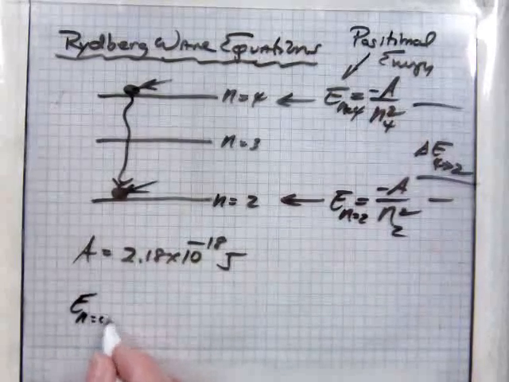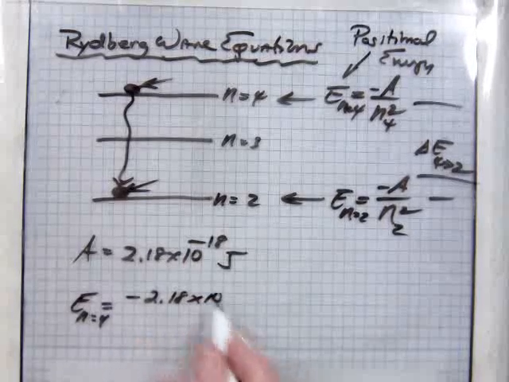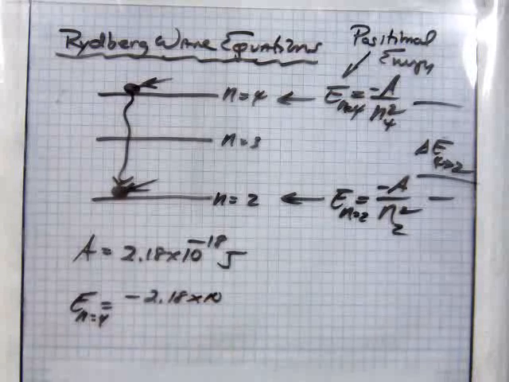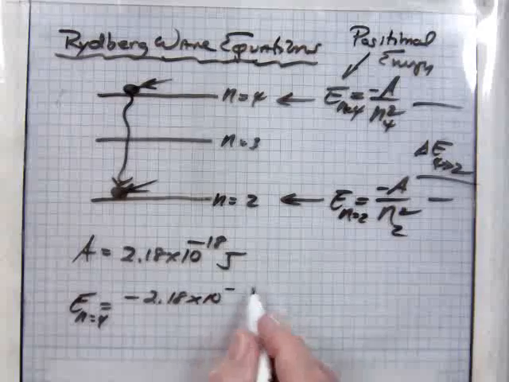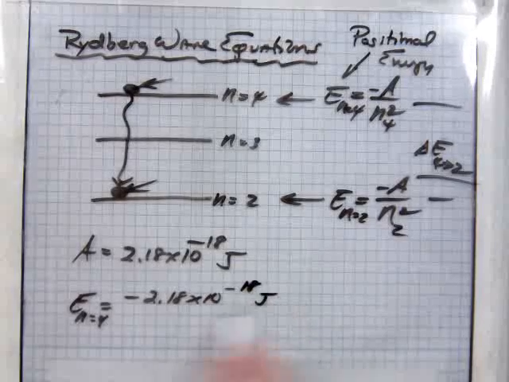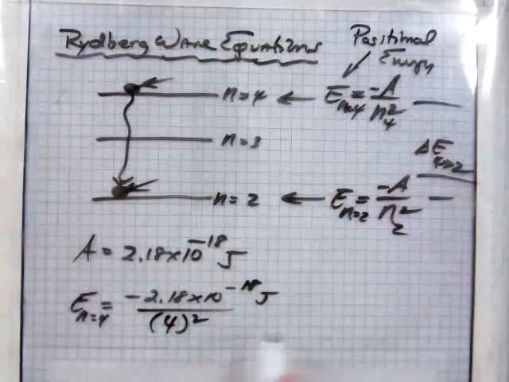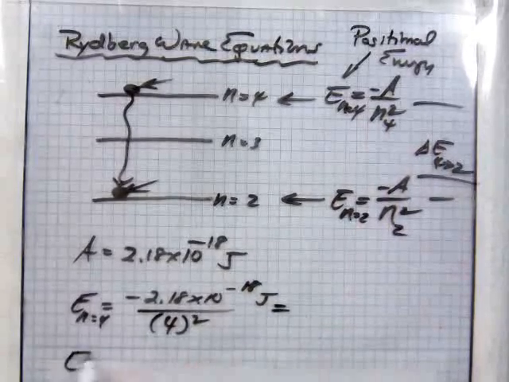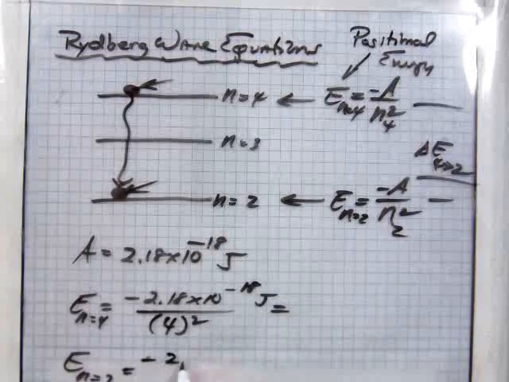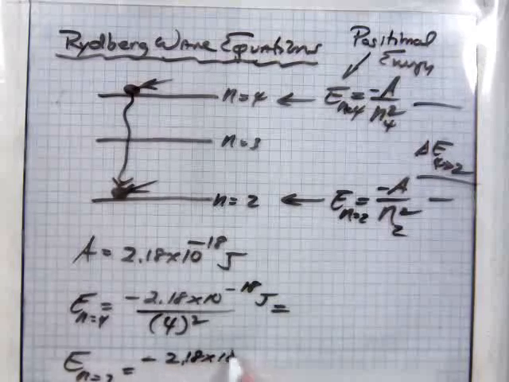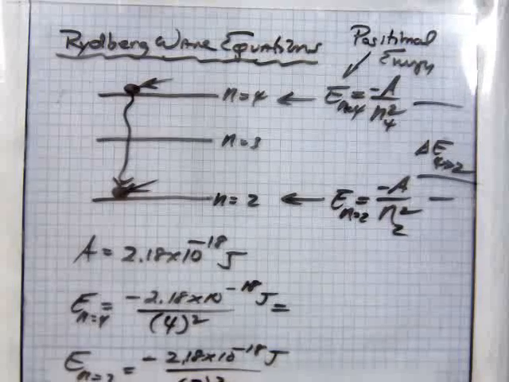E_n equals 4 is equal to minus 2.18 times 10 to the minus 18th of a joule divided by 4 squared, and it's negative because it's exothermic as it moves toward the nucleus. And then E_n equals 2 is equal to minus 2.18 times 10 to the minus 18th of a joule over 2 squared.